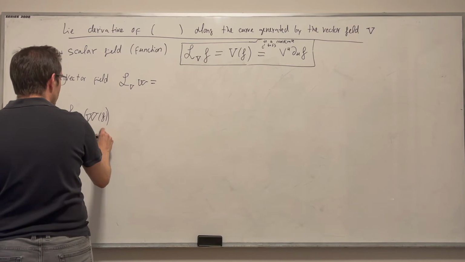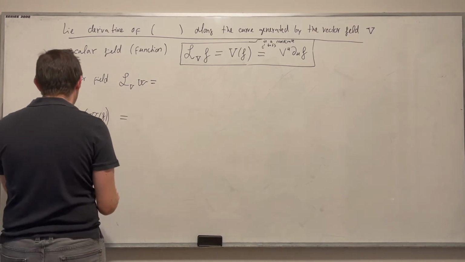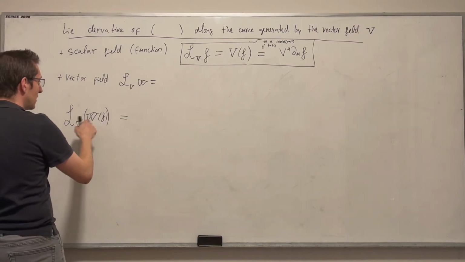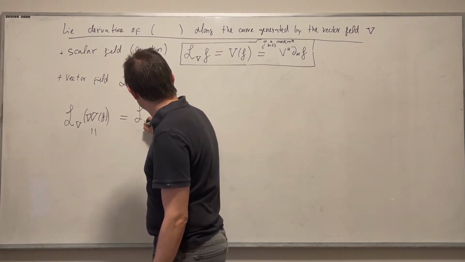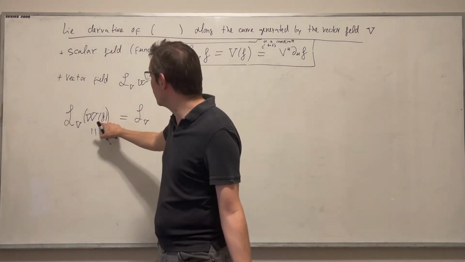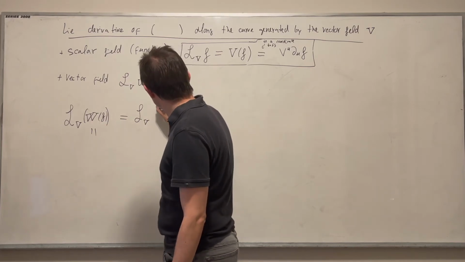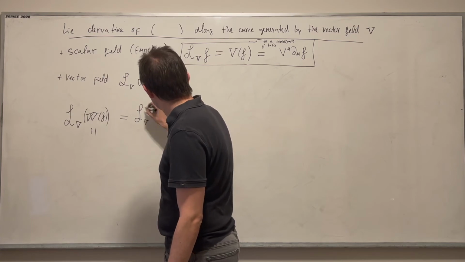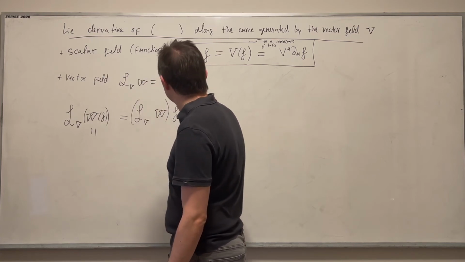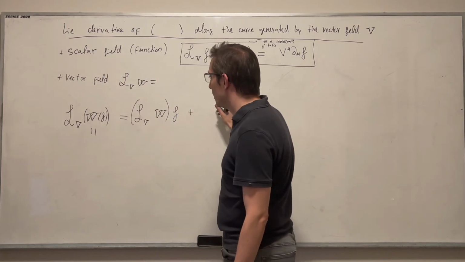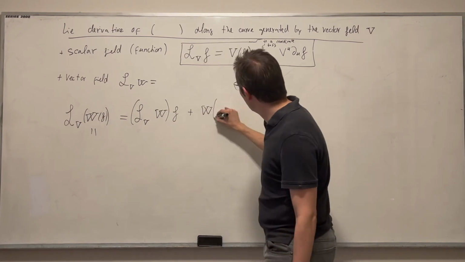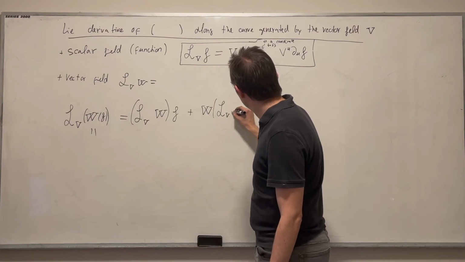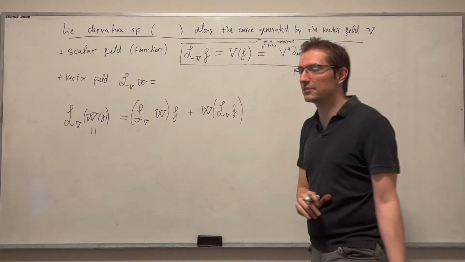On the one hand, using the Leibniz rule, remember that w is a linear operator on f, so this is going to be the Lie derivative of w acting on f plus w acting on the Lie derivative of f. That's on the one hand.